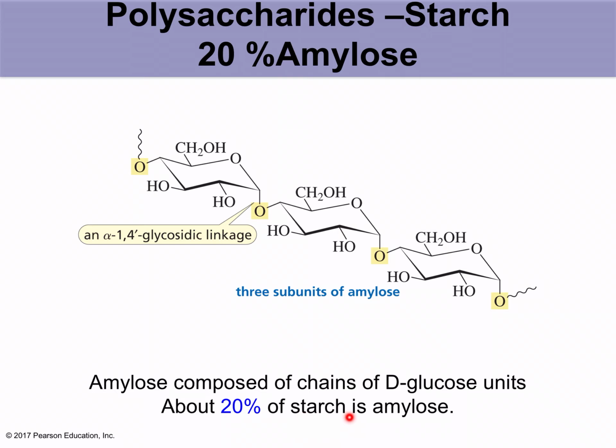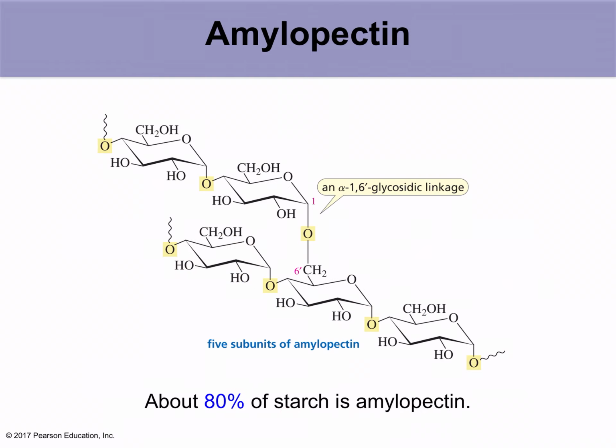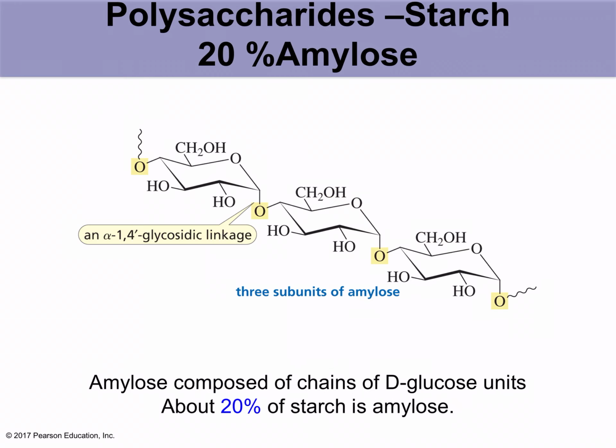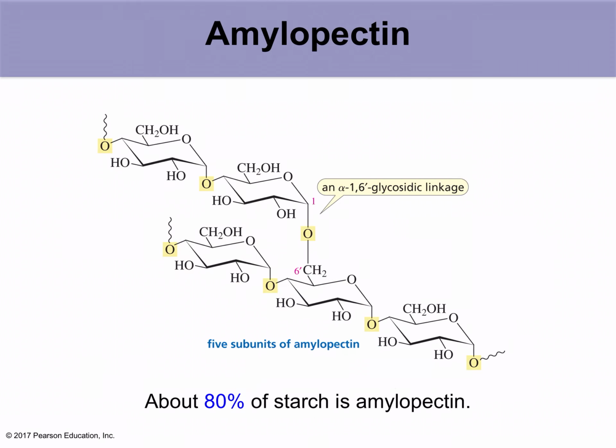About 20% of starch is amylose. And this is amylopectin. Amylose is an unbranched chain of glucose units, while amylopectin is a branched chain, about 80% of starch. Here are 5 subunits of amylopectin. In addition to 1,4 glycosidic linkages, it can also have 1,6 glycosidic linkages.